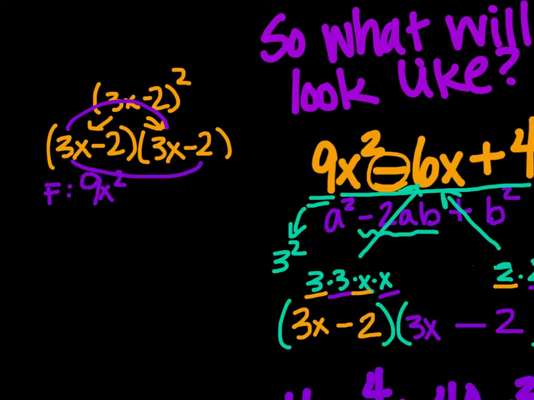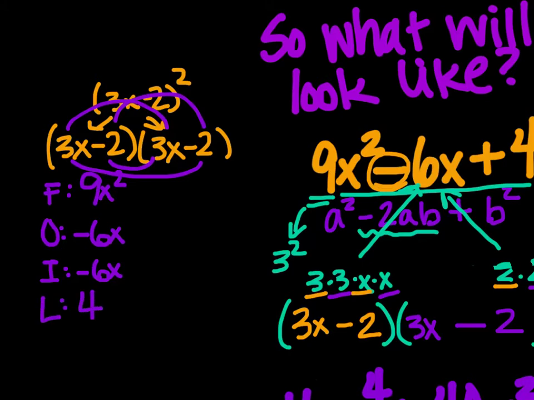Here's our outside term: 3x times a negative 2 is negative 6x. Inside term, negative 2 times 3x, negative 6x. This is looking good. And our last term, we have a positive 4. In all reality, when I do the math, I have 9x squared minus 12x plus 4.